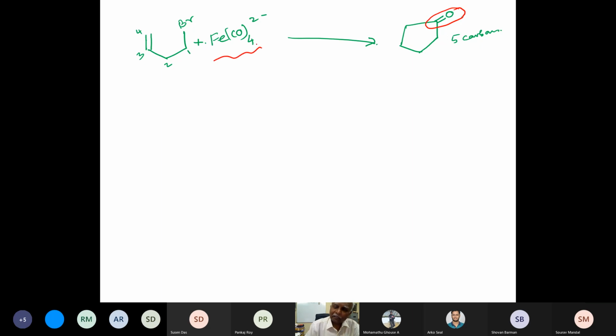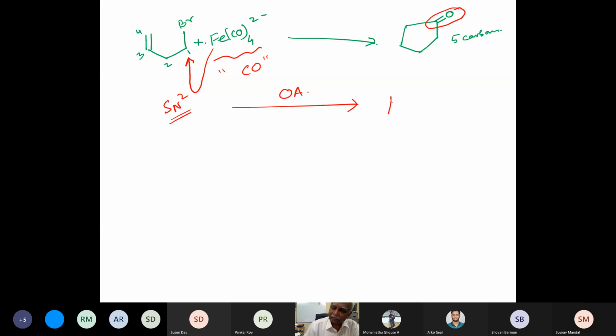You have Coleman's reagent, which is capable of giving you a CO group. Now you know that FeCO4 2 minus can do an SN2 type of substitution here, which is also an oxidative addition.